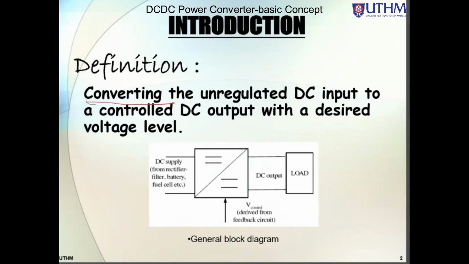So we need to know how much variation in the output from the solar, and then how much the voltage for the output, let's say for the battery. And how much power we need to feed into our battery system. So that's why we call controlled DC output, because we need to measure the output. We need to make sure that the output is following our requirement.